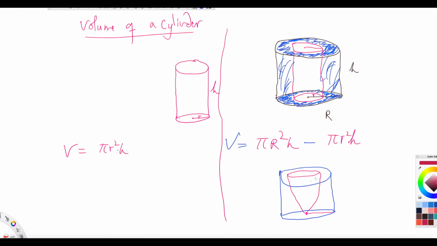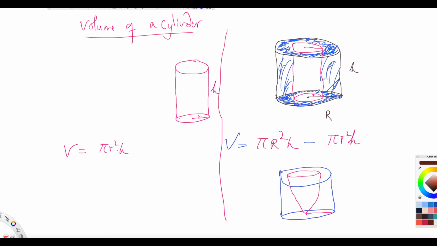Suppose you are interested in finding the volume of the region that is outside this cup, or the cone, I would say. It is outside the cone but inside the bigger cylinder.